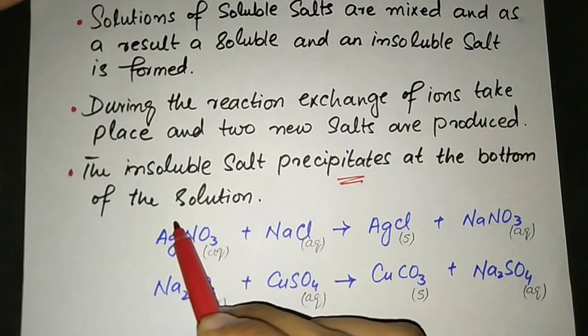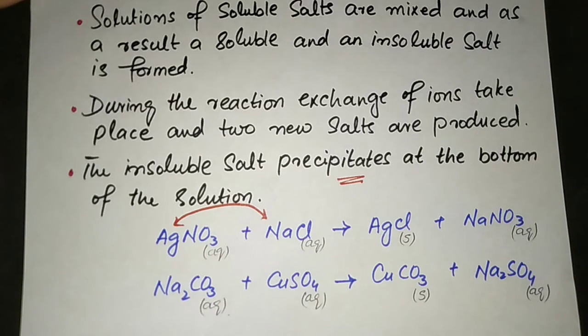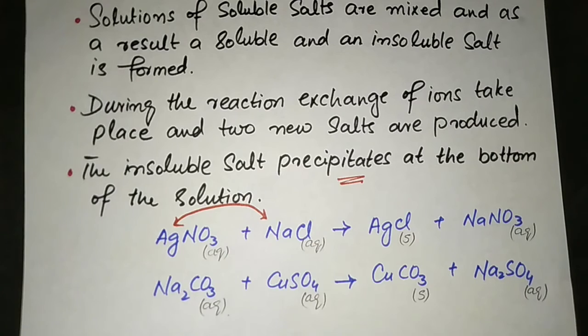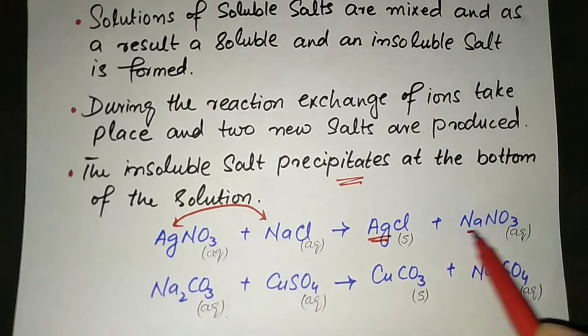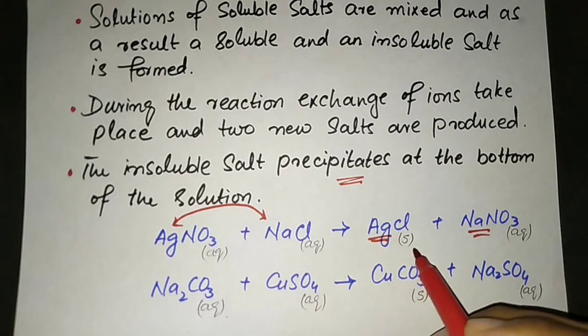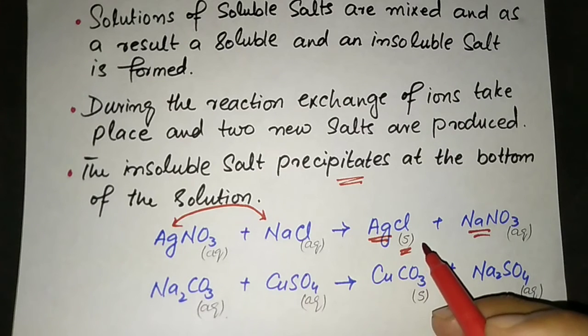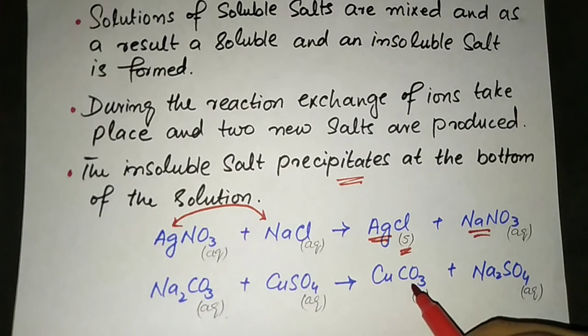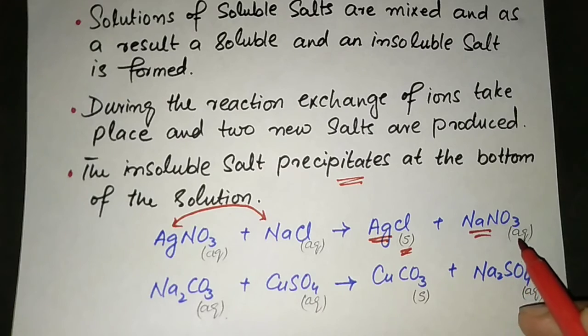Silver exchanges with sodium: sodium takes the place of silver, and silver takes the place of sodium, as a result of which silver chloride and sodium nitrate are produced. This silver chloride is an insoluble salt, exists in solid form, precipitates and settles down at the bottom, whereas sodium nitrate is a soluble salt and exists in aqueous form.